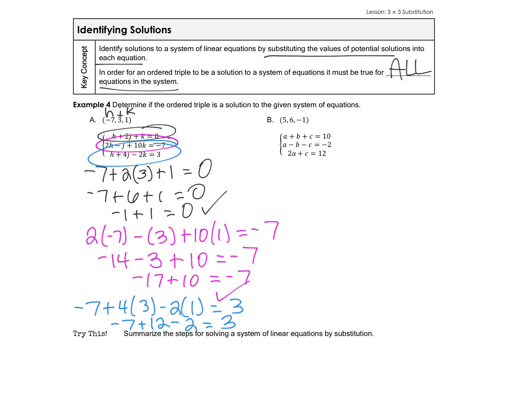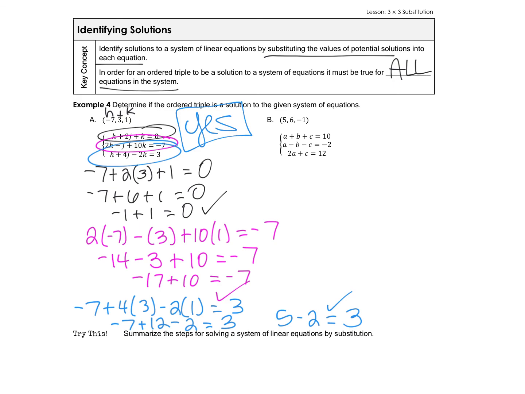Work from left to right. 5 minus 2, which does equal 3. Okay, all right, so since it worked for all three, yes, this is the correct solution. So you're determining if they are true or false. If it works for all three, it is the solution for the system.